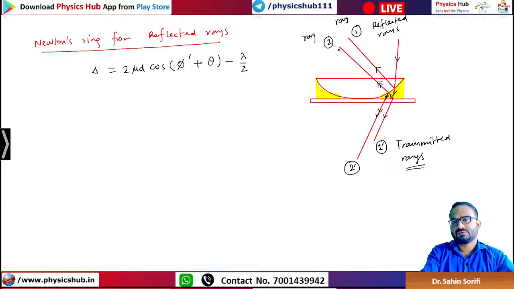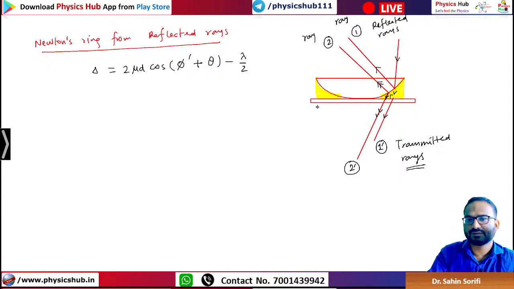As you can see, ray 2 involves a pi phase change, so we get lambda minus lambda by 2. Mu is the refractive index of this thin film.